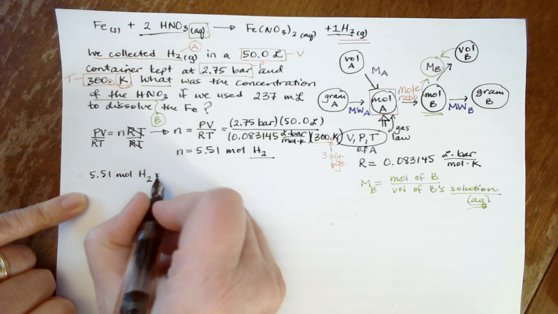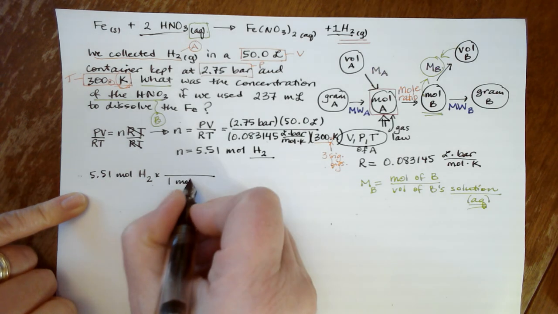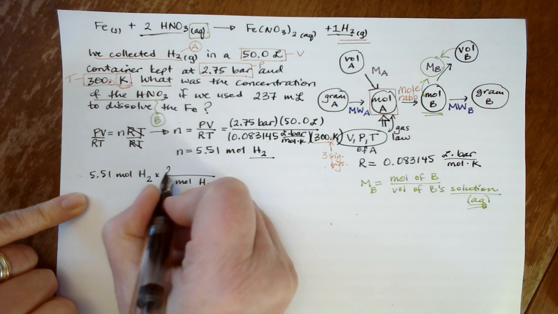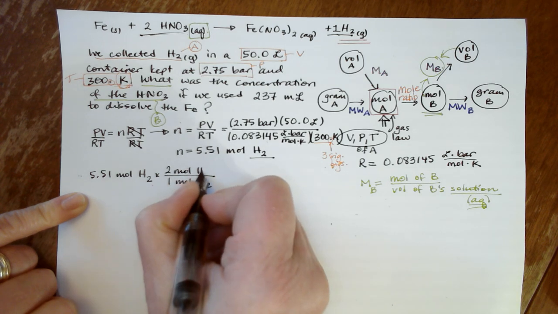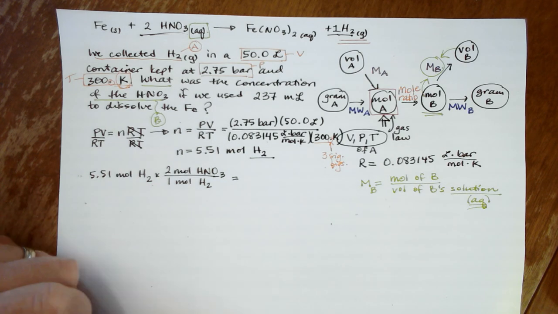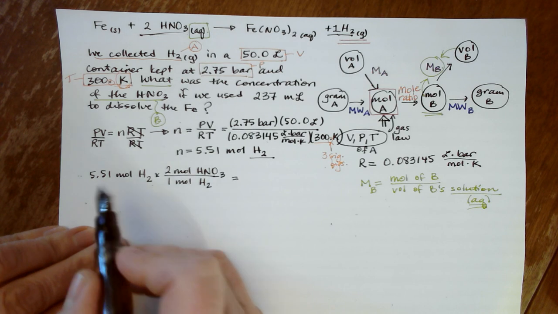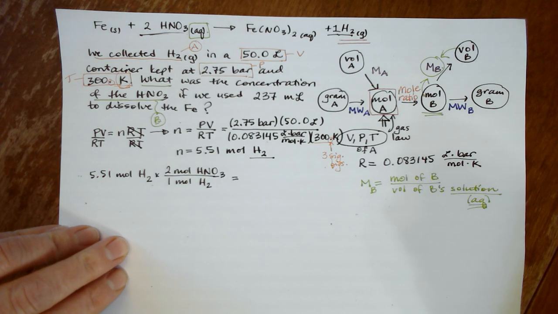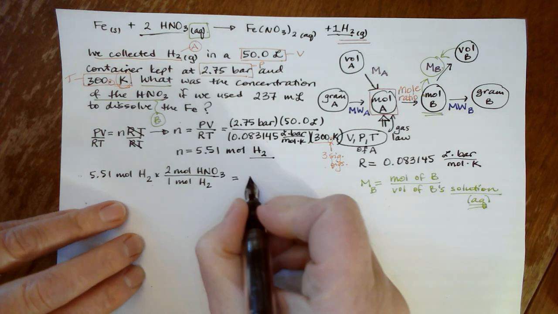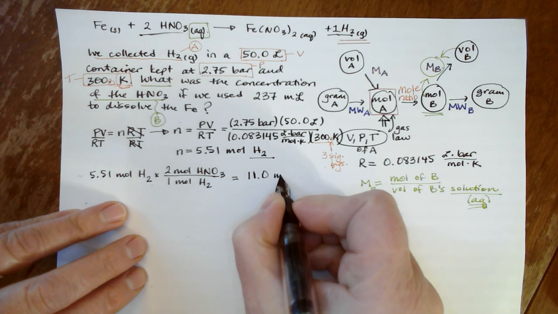So I'm going to write in a ratio. 1 mole of H2 goes on the bottom, and 2 moles of HNO3 go on the top. And I'm not actually going to write a long string of any calculations here. I'm just going to multiply 5.51 times 2. So when I do that, that's going to give me 11.0 moles of HNO3.